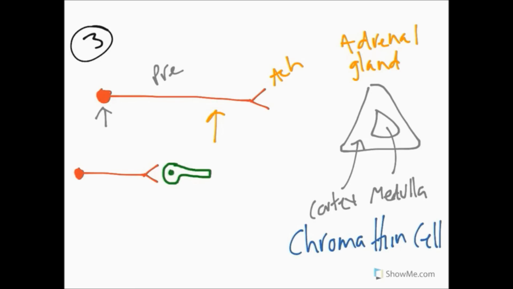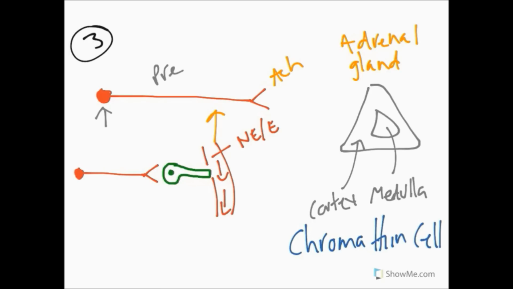This is a chromaffin cell, and if you think of a postganglionic fibre that's having an impact on an effector organ, the chromaffin cell acts like the postganglionic fibre, but instead of releasing neurotransmitter to have an impact on viscera, it actually releases norepinephrine and epinephrine directly into the bloodstream.